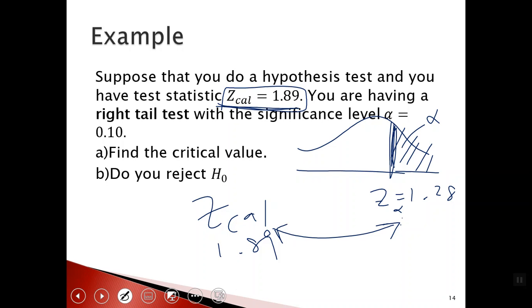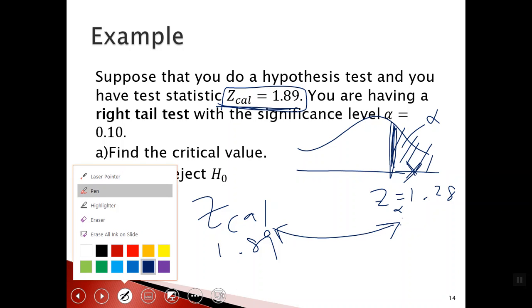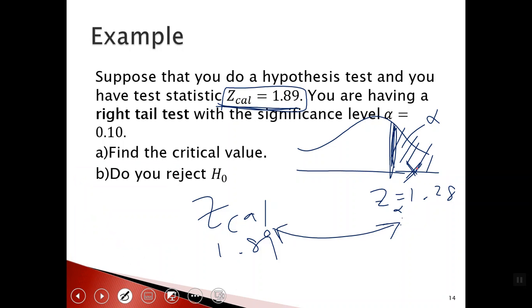So is this value inside the rejection region or in the non-rejection region? This Z cal value is somewhere here, right? Let me get another color. Okay, this one. See, your 1.89 is somewhere here inside the rejection region. So what you have to do? We reject the null hypothesis. That's the easiest way, right?